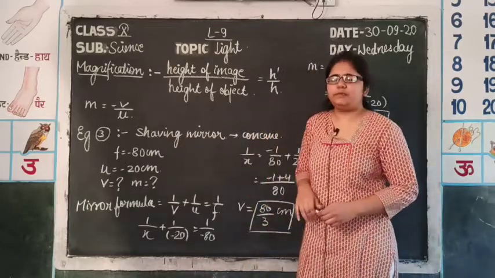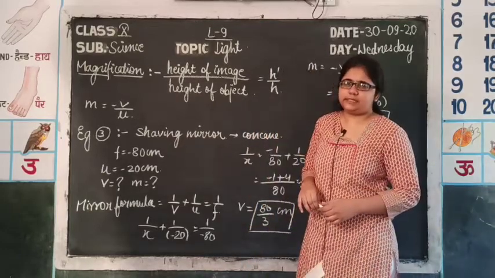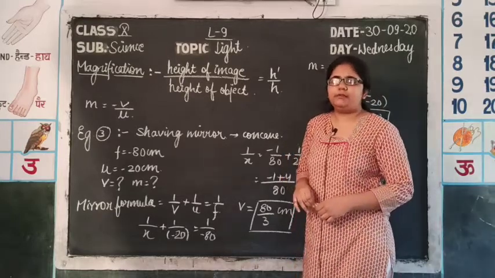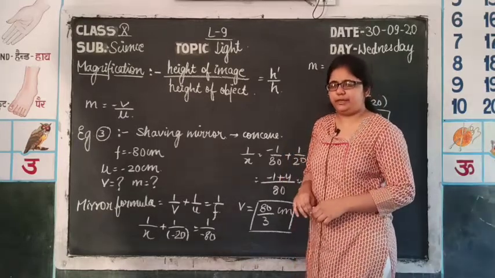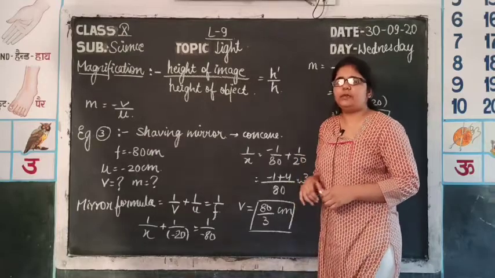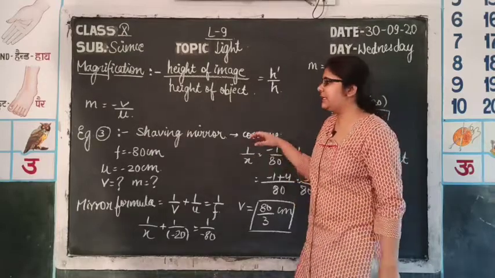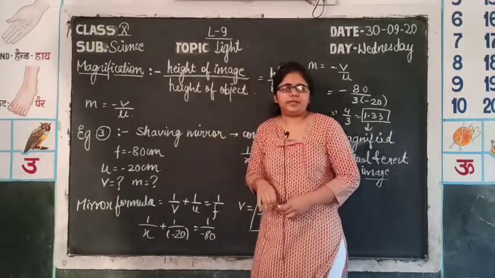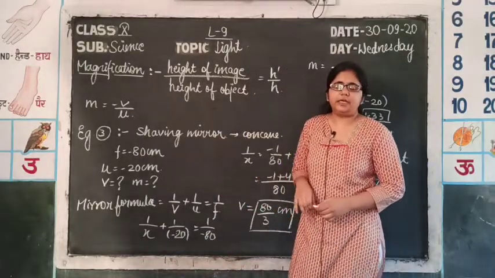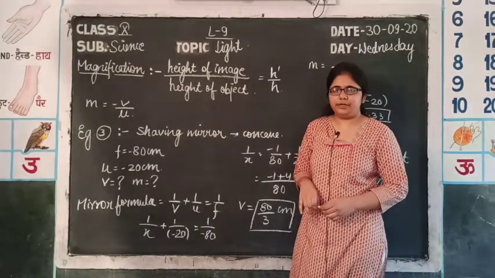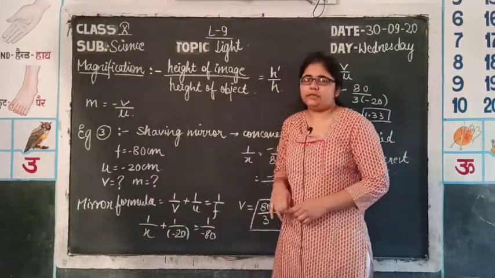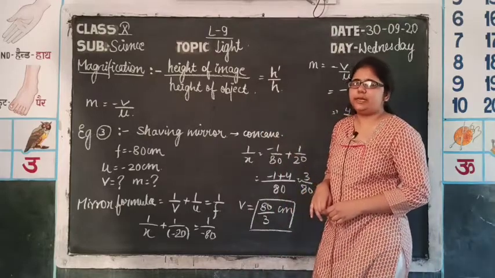Let's suppose the object is above the principal axis, that is, the height of the object is positive, and if the image is real and inverted, then it will lie below the principal axis, that means it is negative. So, if the final answer of magnification comes negative, that means the image is real and inverted, and if magnification comes positive, then the image will be virtual and erect.